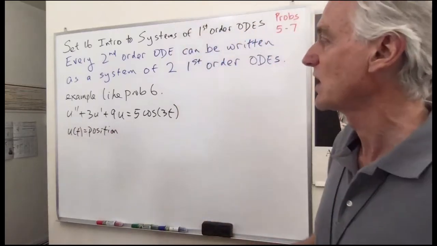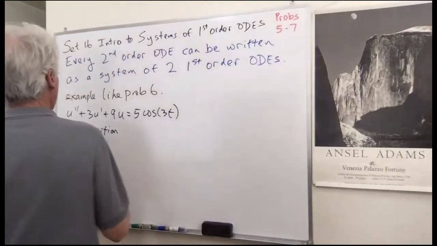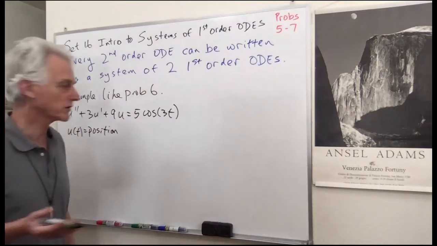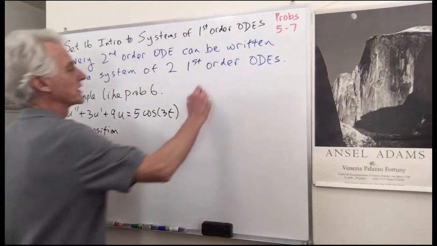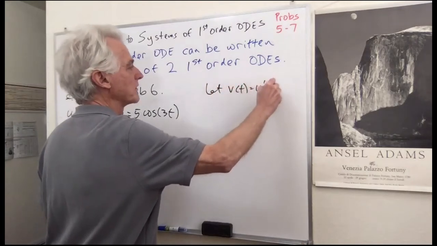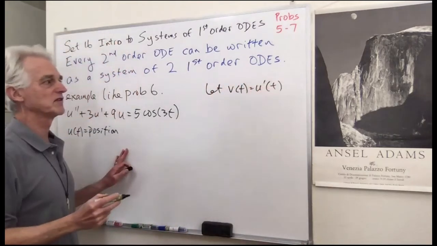So what they want us to do is write this as a system of first order ODEs. We're going to let v of t be u prime of t, the velocity.